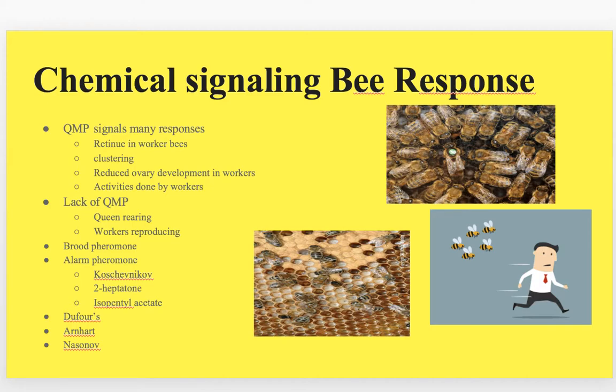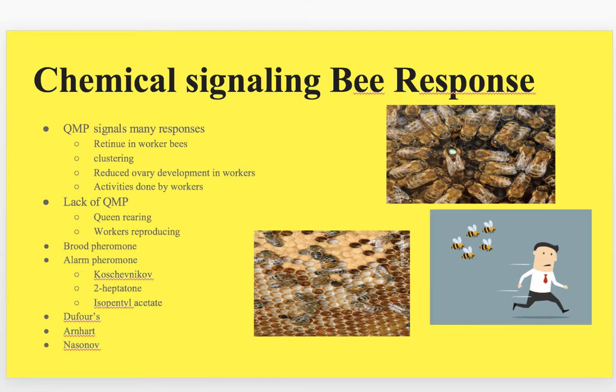Chemical signaling bee response. Queen mandibular pheromone signals many responses. The retinue response in worker bees is the gathering of worker bees around the queen bee to take care of her many needs such as food, cleaning, and removal of waste.